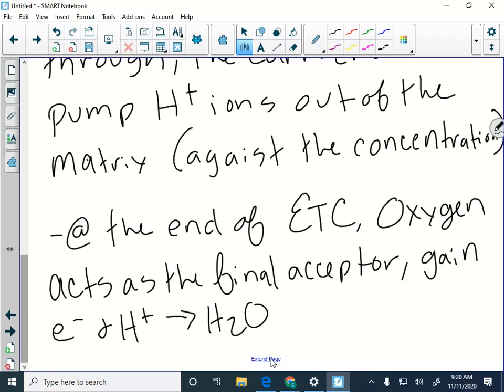But now we have this gradient built up with a lot of hydrogen ions outside of the matrix and not a lot of hydrogen ions inside the matrix.